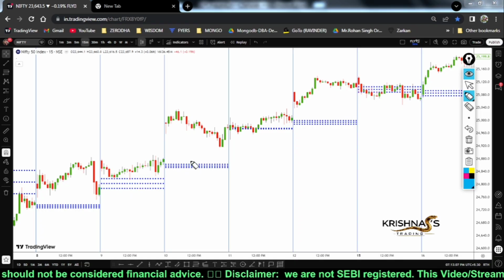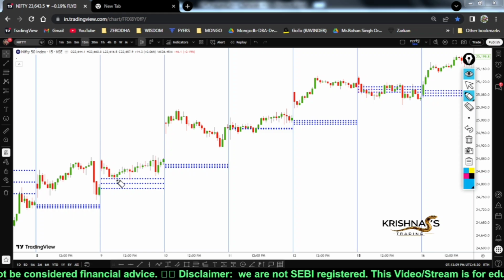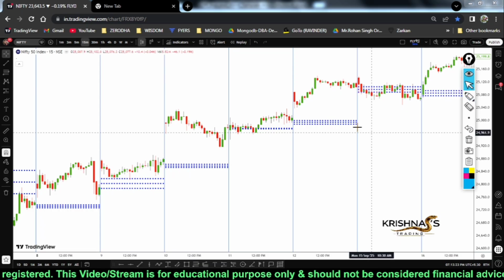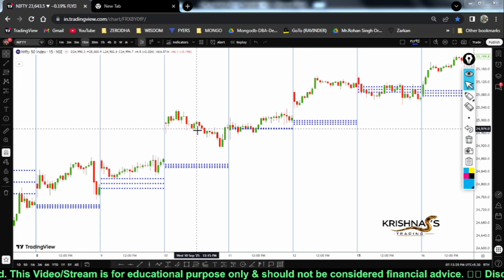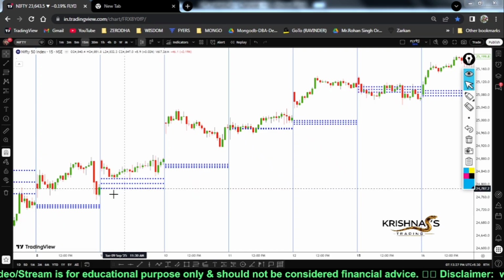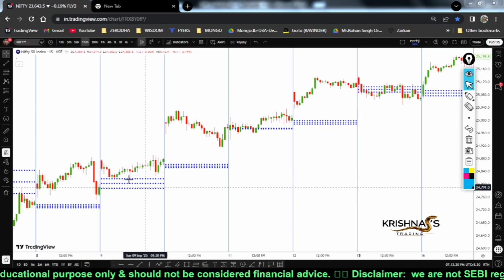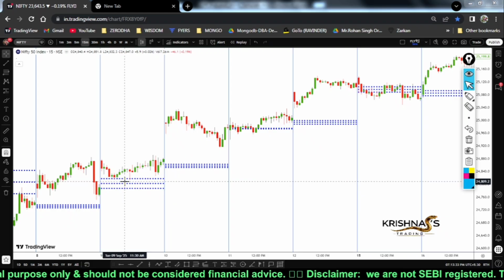And one more condition is that the price or candles must sustain above the CPR, then only we consider it as an ascending CPR. If the price is opening or forming below the CPR, then we should not consider that CPR as an ascending CPR.